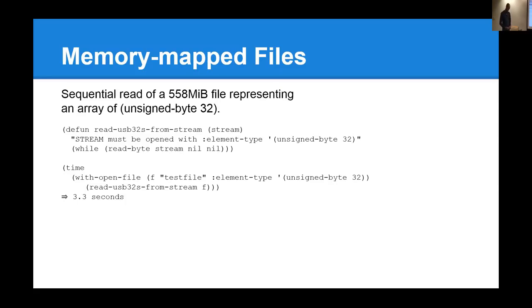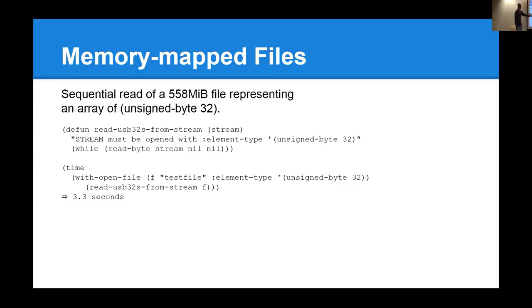So let's say we have a medium-sized file with a bunch of 32-bit integers in it, and we want to read every one. Using standard Common Lisp code, which I have here, I have a function that reads unsigned 32s from a stream, and it just uses standard read-byte in a while loop, and doesn't do anything with the data, but does read it.